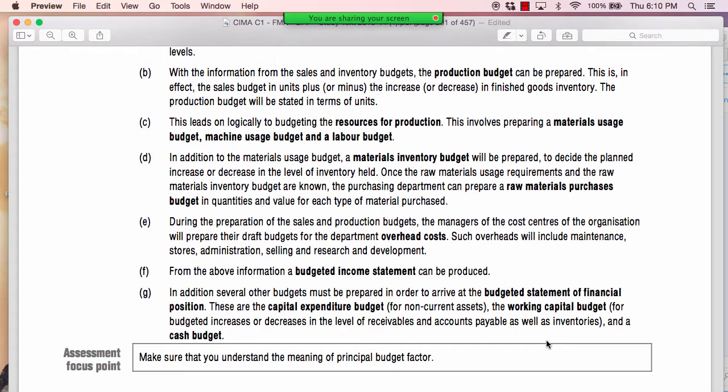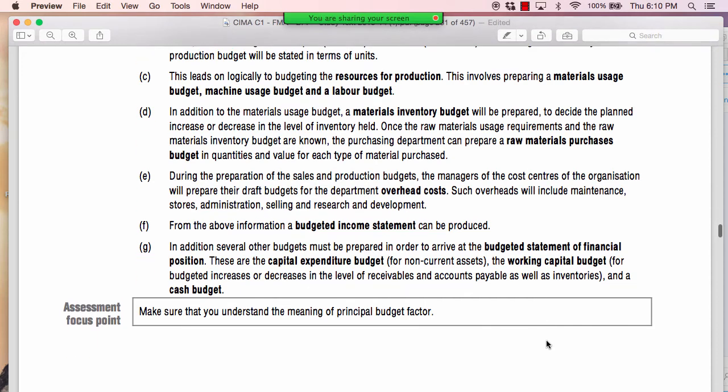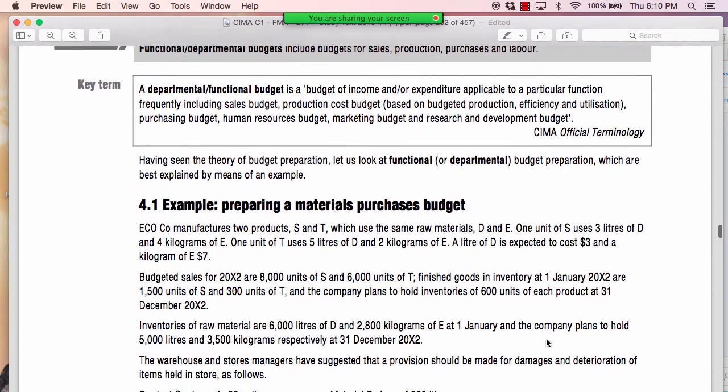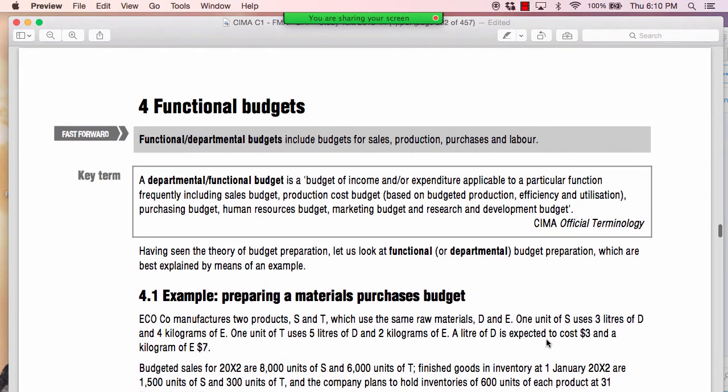Working capital is the amount that you need to operate the business. Okay, we'll come to that. And the cash budget. Functional budget. So what is a functional budget? This means each functional area of the department prepares a budget, right?